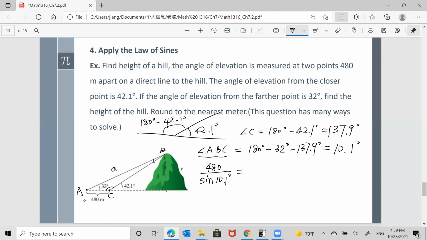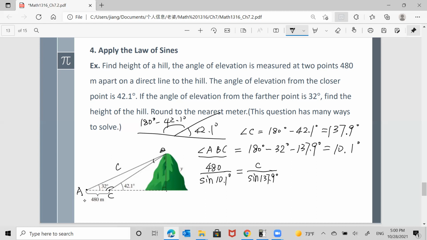We just assume that the length from here to here is C. So C, which we are looking for, over sine C. Sine C is sine 137.9 degrees.